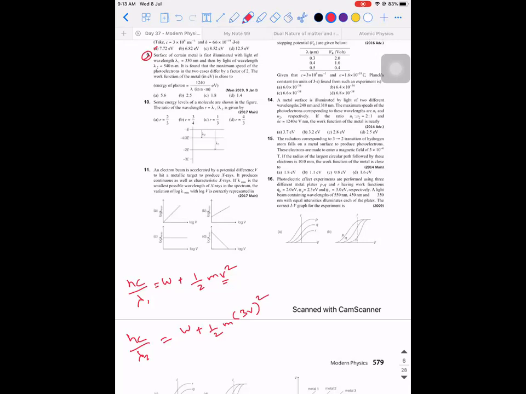You have two equations, two unknowns. Solve for it, you will get the answer.